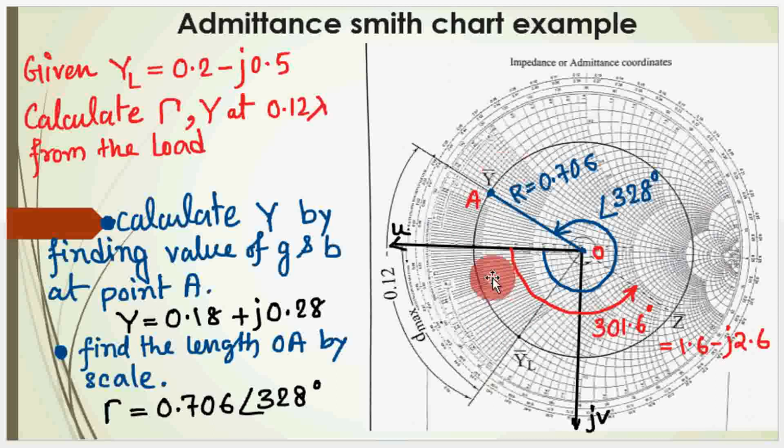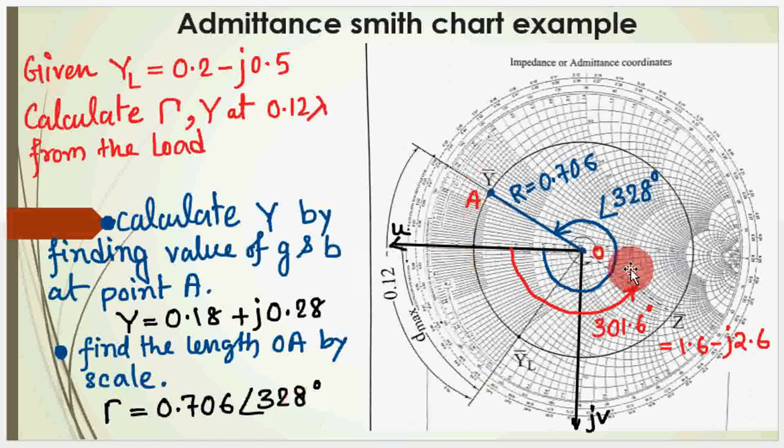So you can calculate Y bar over here, and it is 0.18 plus J 0.28. And by a scale you can calculate this length, which is 0.706, and this length is the reflection coefficient gamma, and for the angle you have to measure this way, this side. So the angle is 328 degrees, so this is 0.706 at 328 degrees.